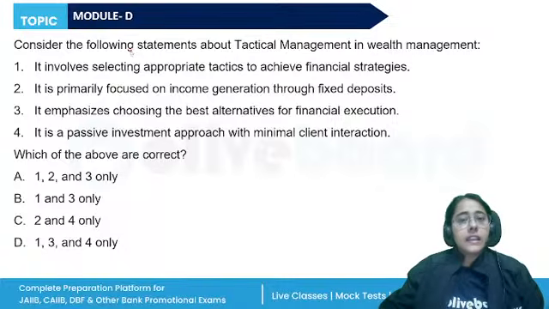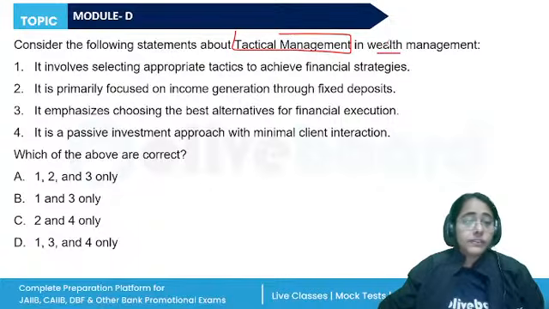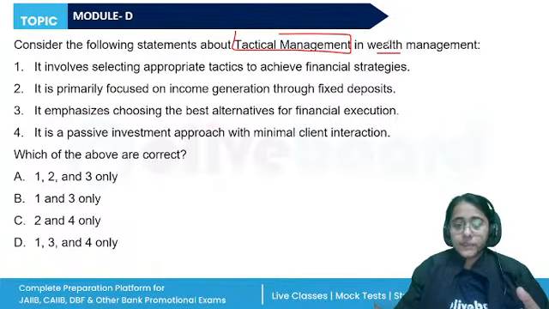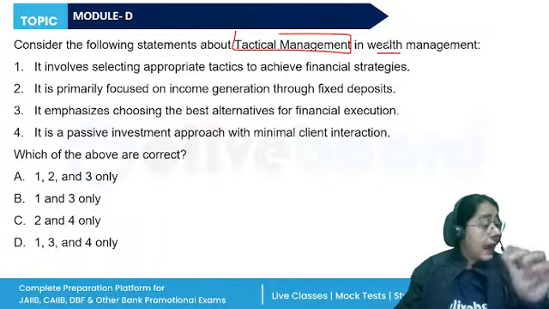All right. Consider the following statements about tactical management in wealth management. So, what is wealth management? We have already seen, it is a combination of financial services to address the needs of affluent clients. It includes tax planning, estate planning, retirement planning, and portfolio management, provided to business owners, corporates, or individuals for a higher fee.